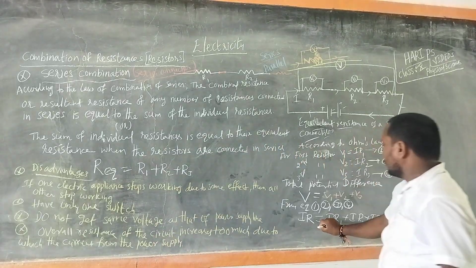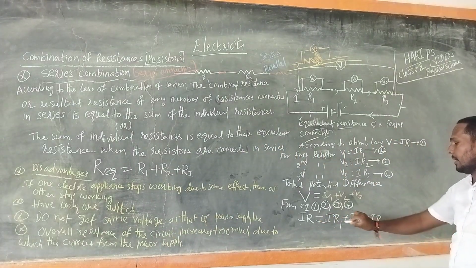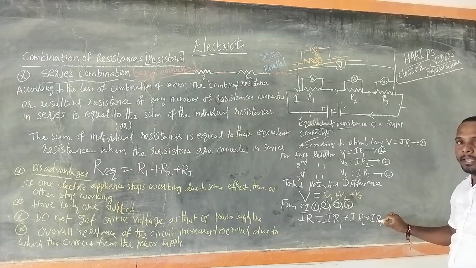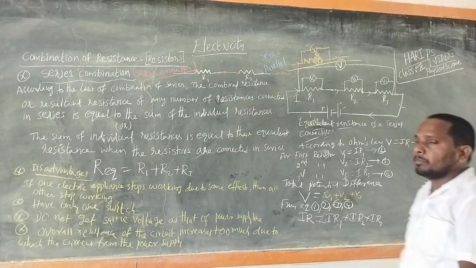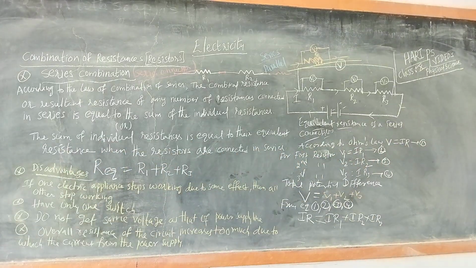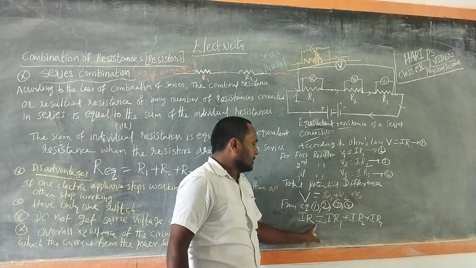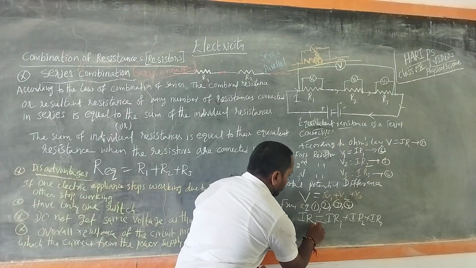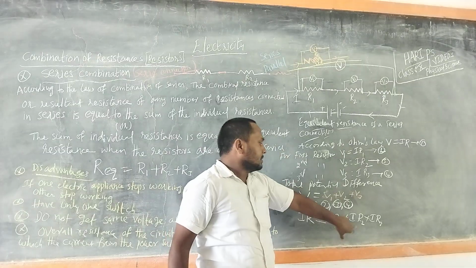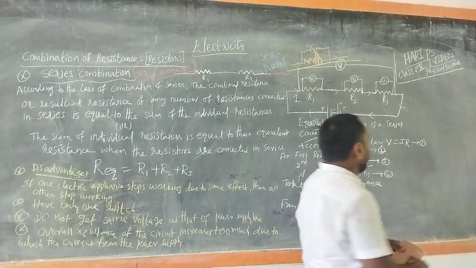So IR equivalent is equal to IR1 plus IR2 plus IR3.